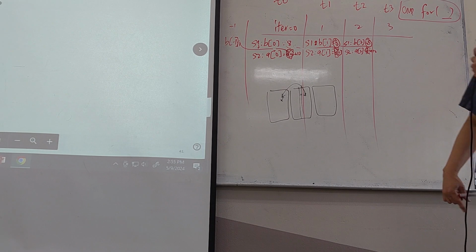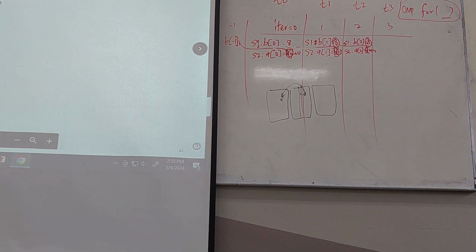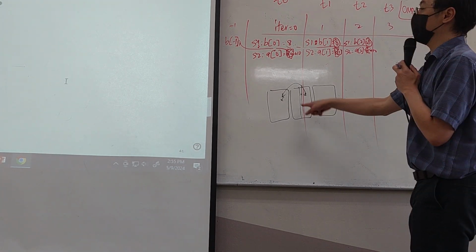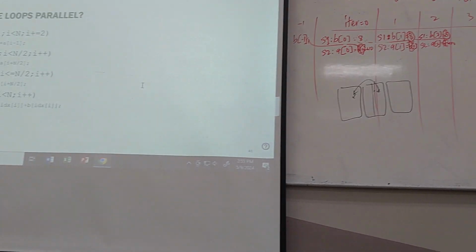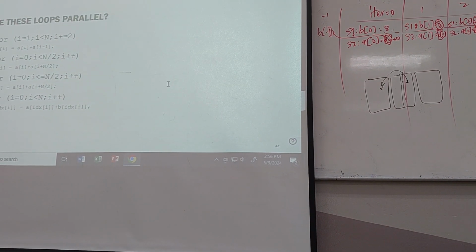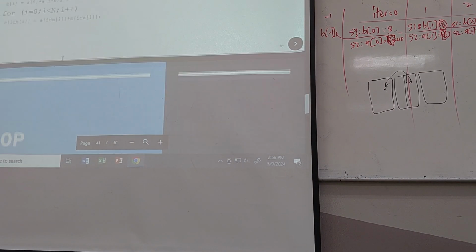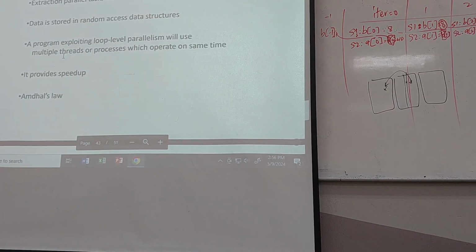Okay, so you have to look at the situation and also how the problem is solved can manifest itself, whether there's any loop dependency or no loop dependency. Okay, so how do we parallelize this code?